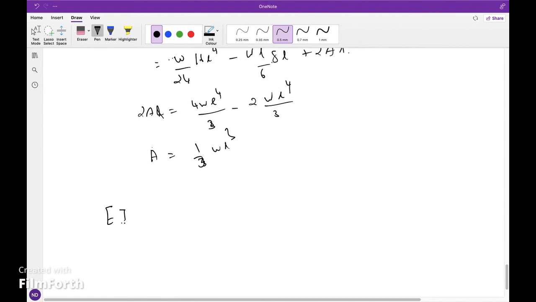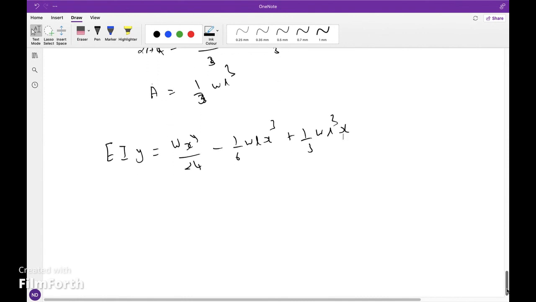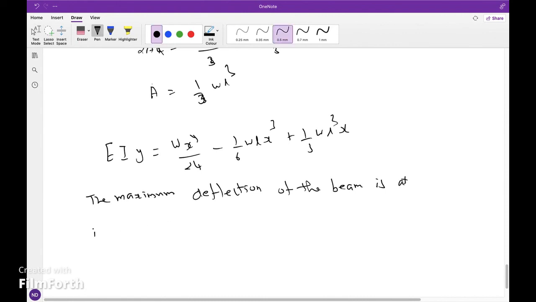So the equation: E I y equal to omega x power 4 by 24 minus 1 by 6 omega L x power 3, and the value of A is 1 by 3 omega L cube into x. The maximum deflection of the beam is at its midpoint.